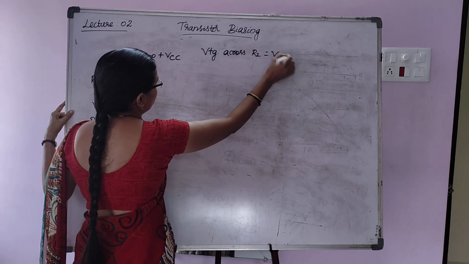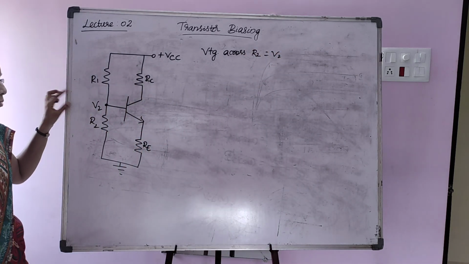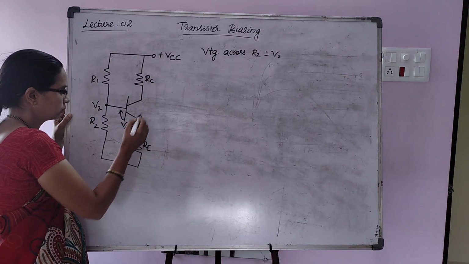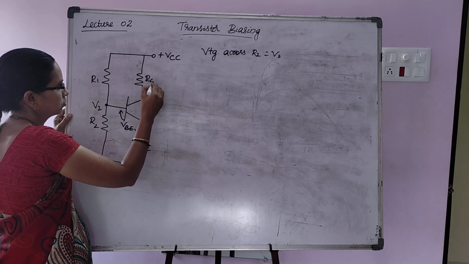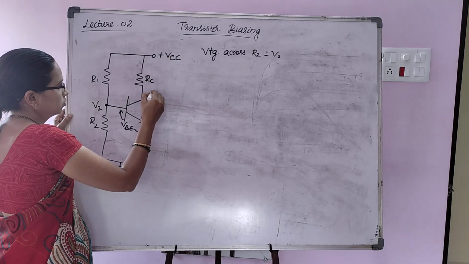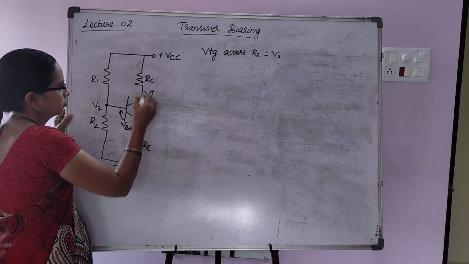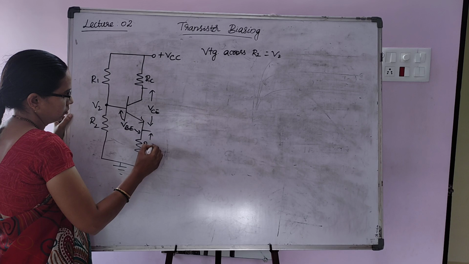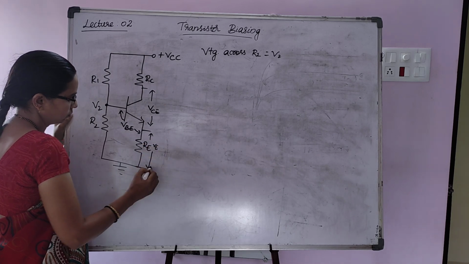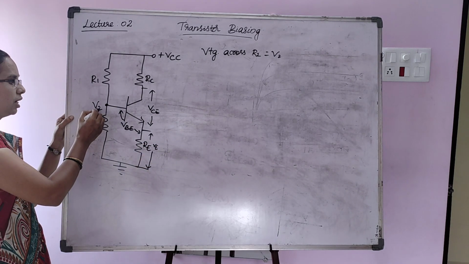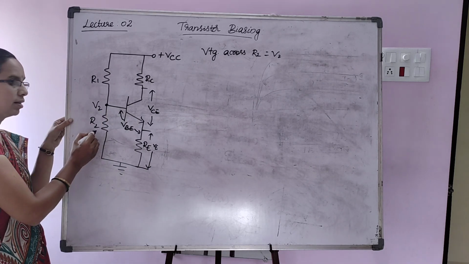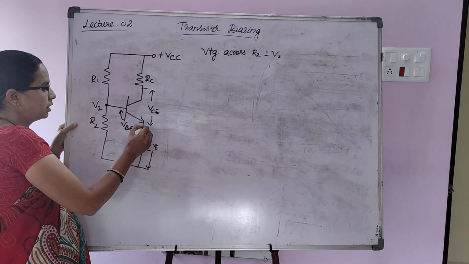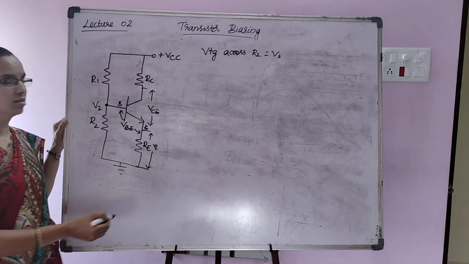is equal to V2, which forward biases the emitter base junction of the transistor.